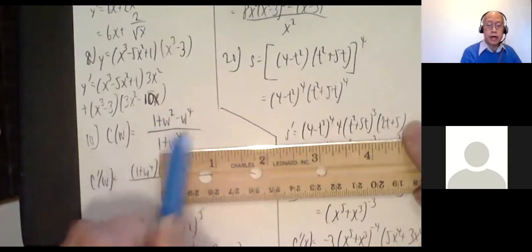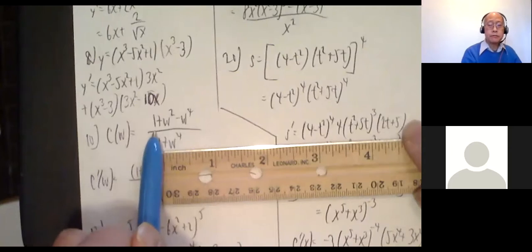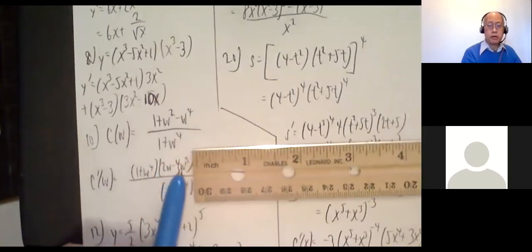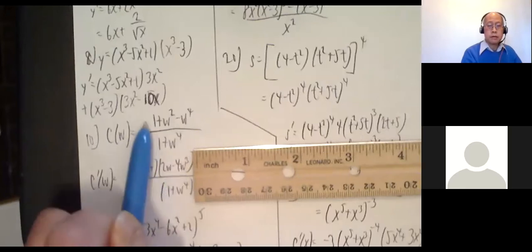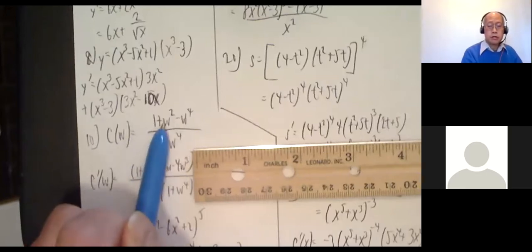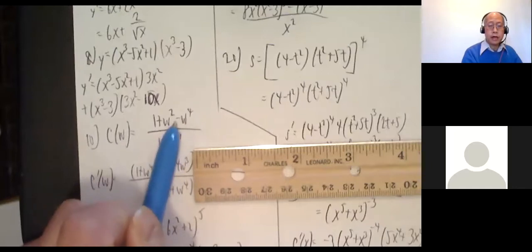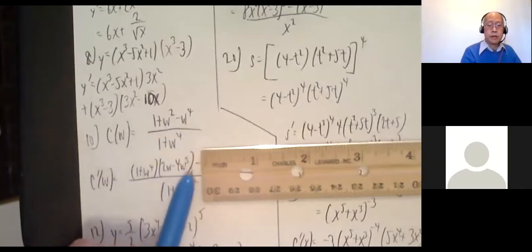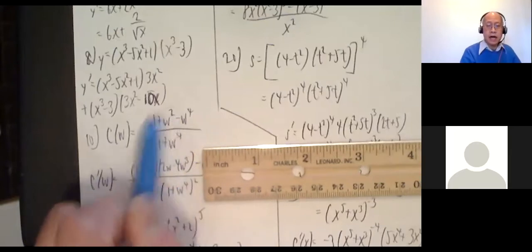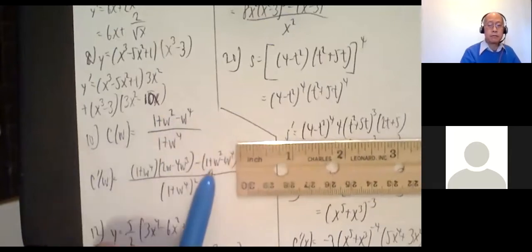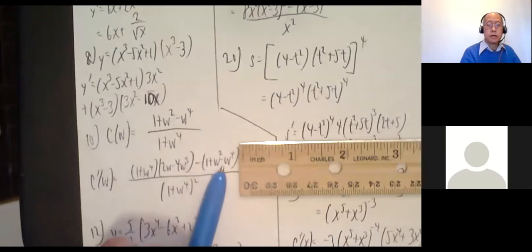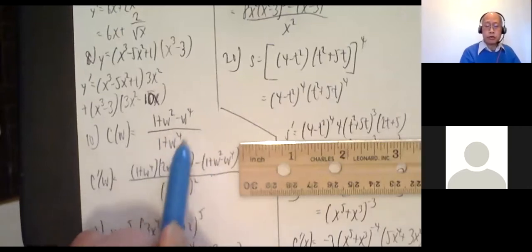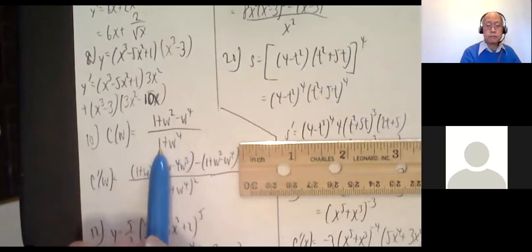So what's the derivative of the top? 2w minus 4w cubed, right? Derivative of 1 is 0. Derivative of that is 2w. Derivative of that is 4w cubed. And it should be in parentheses. Minus the top, copy the top, times the derivative of the bottom. So think to yourself for a moment, what would you put for the derivative of the bottom?